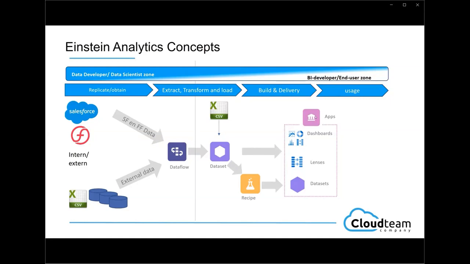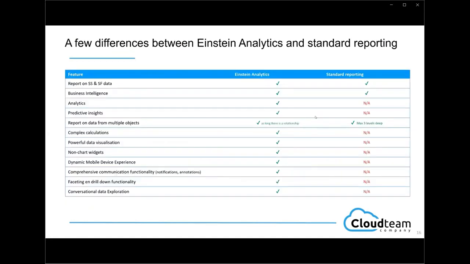All right, enough about these concepts. Let's hit some differences between Einstein Analytics and standard reporting. So what we have in Einstein Analytics is we have the possibility to do analytics, dive deeper into your data, come directly to actionable insights.